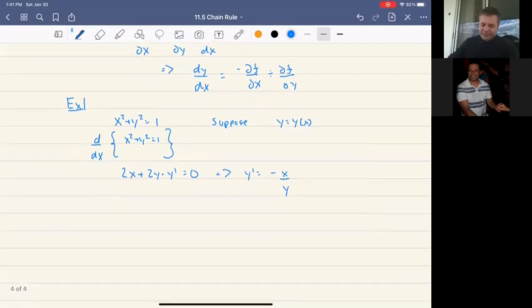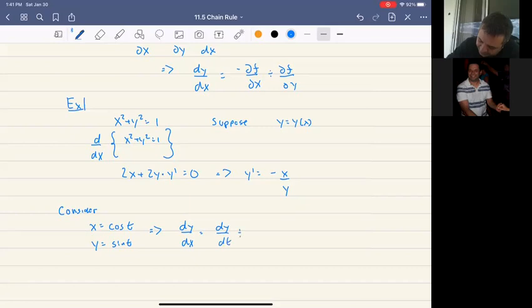Let's consider x equals cosine t, y equals sine of t. Now, in the section on parametric equations, we took dy dx, didn't we? dy dx is dy dt divided by dx dt.